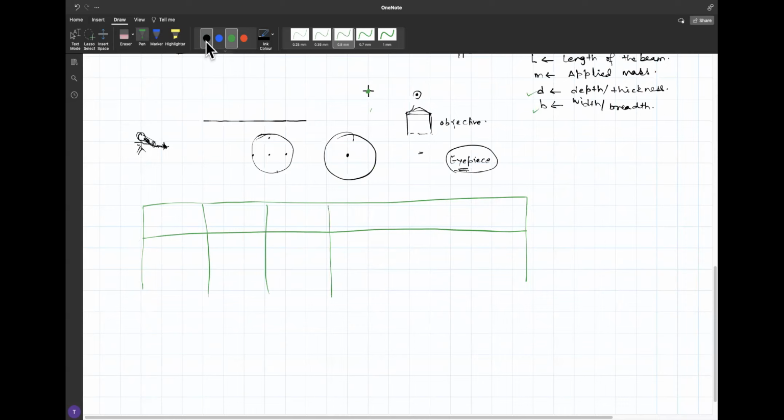So I will write the number of observations, the number of readings I'm doing. And the first thing I will do is to measure, let's say, B, right?